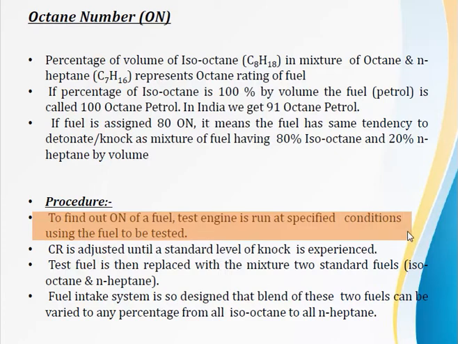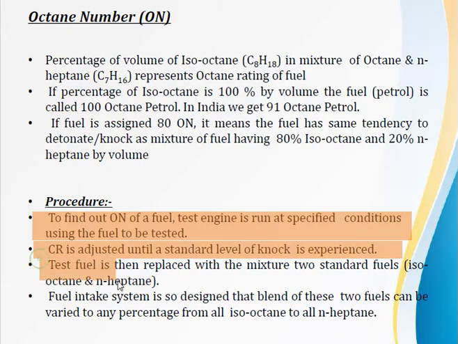The compression ratio is adjusted to the standard level of knock. The compression ratio is continuously varied so that we can select an optimum compression ratio, because knocking is highly undesirable.